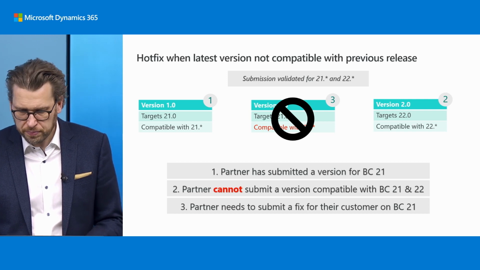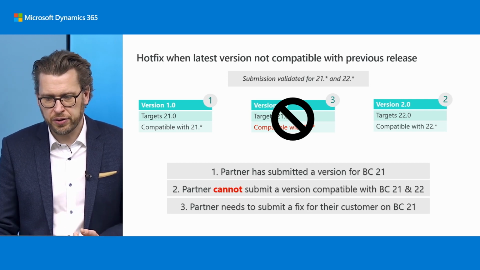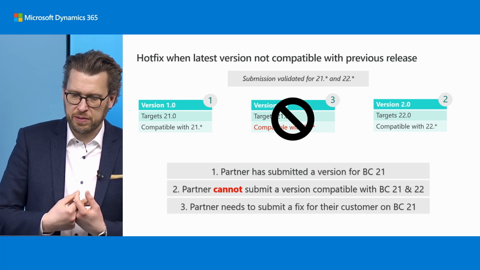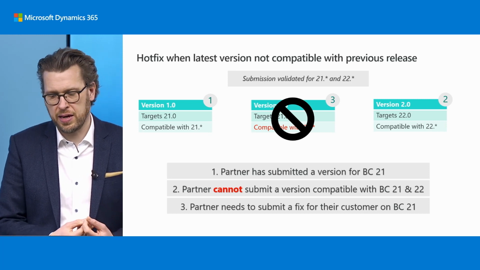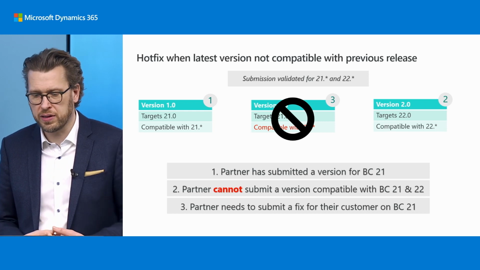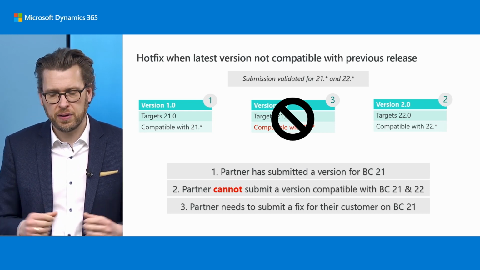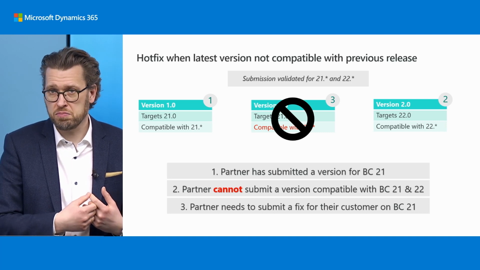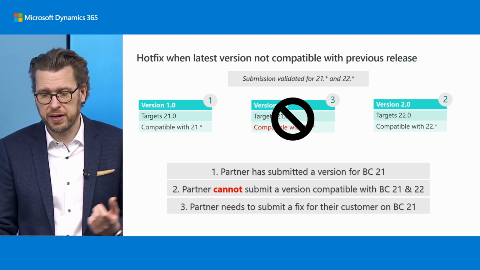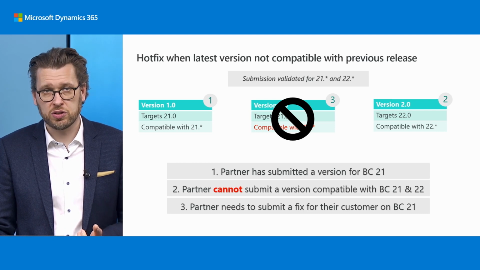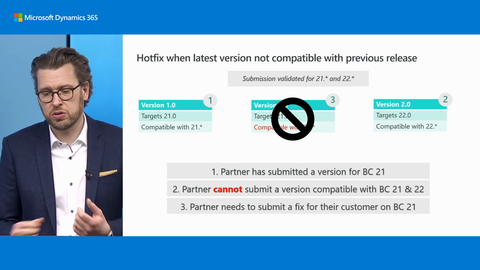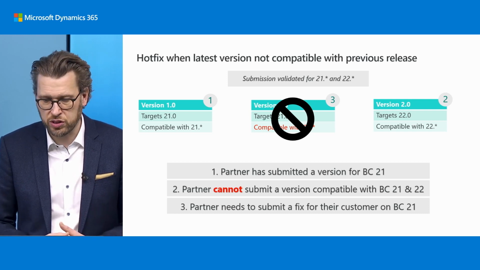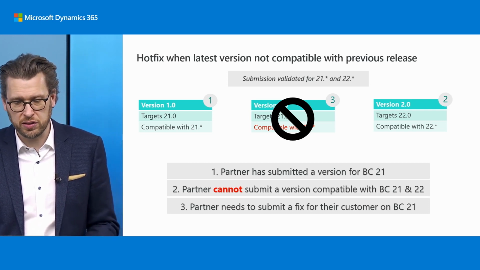And so until now, the partner behavior has been that typically they would delay submitting an app which is compatible with the next major to keep their app in custom installations compatible with all Business Central releases so that they can hotfix, right? And also delay uptaking new functionalities or new AI language features for the same reason.